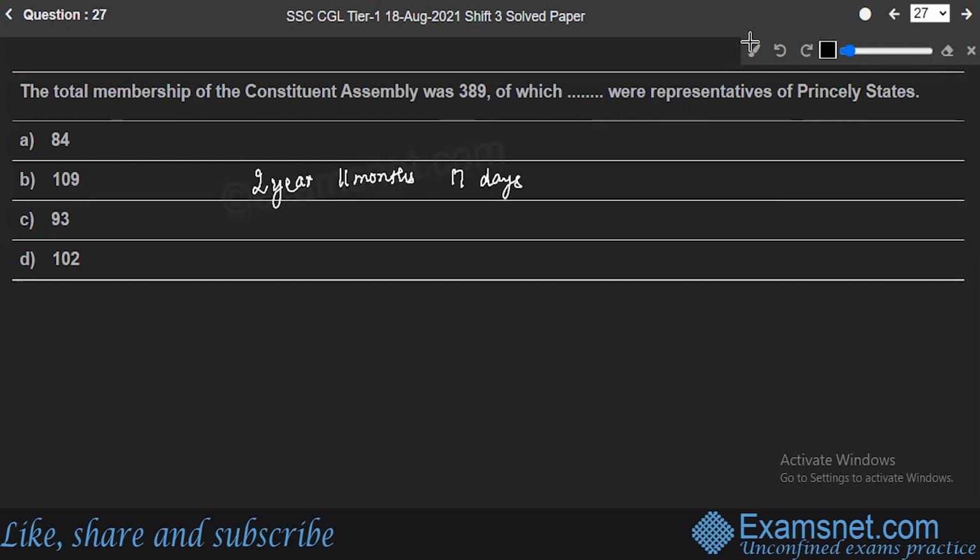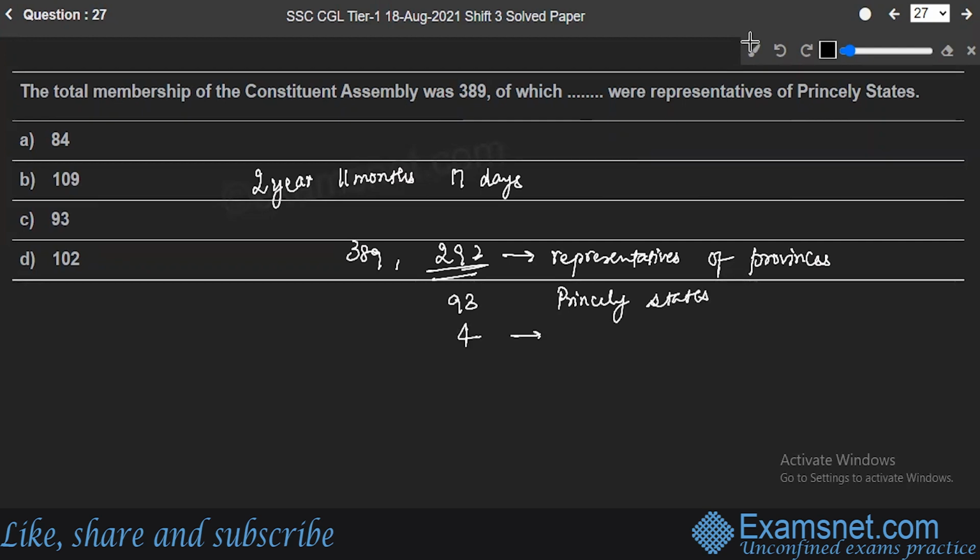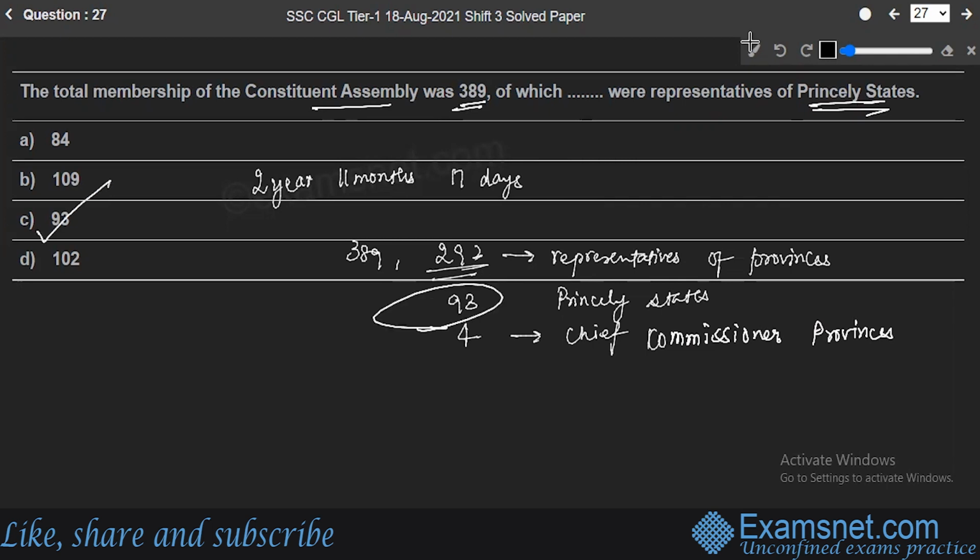The total membership was 389, out of which 292 were representatives of provinces, 93 represented princely states, and 4 were from the Chief Commissioner provinces. So the answer is 93, option C.